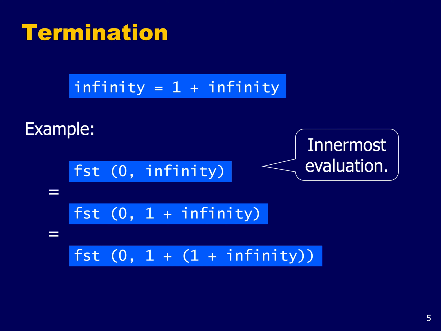So if we expand it again, we get another 1 plus infinity, and you see what's happening here. Every time we apply innermost evaluation, we expand infinity one step further, so the expression will get larger and larger. So the conclusion here is that if we evaluate this expression using innermost evaluation, it won't terminate. It will just get larger and larger forever.